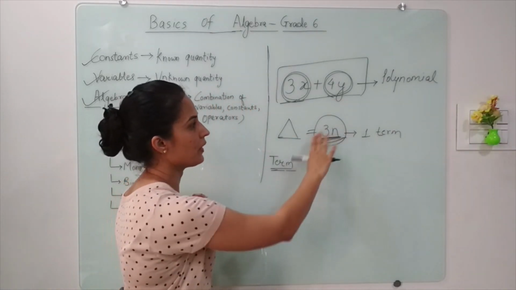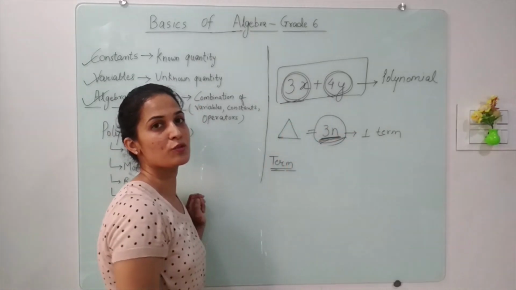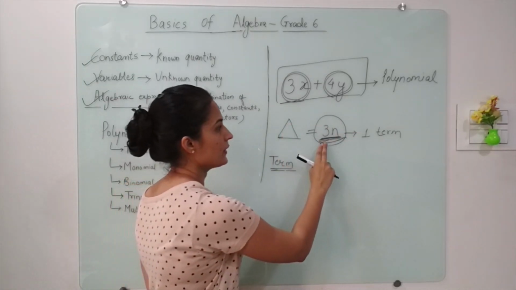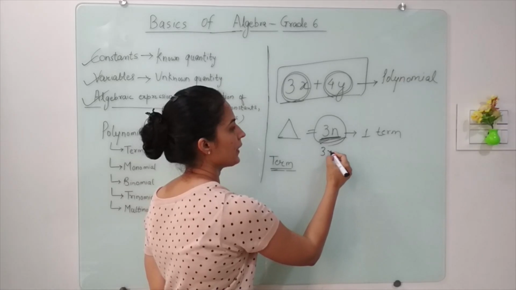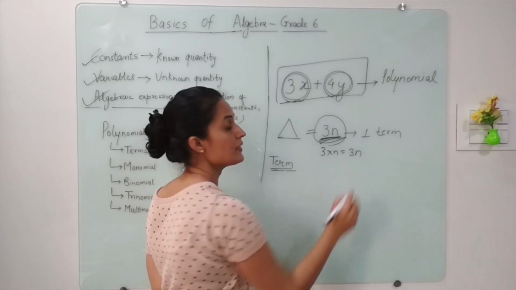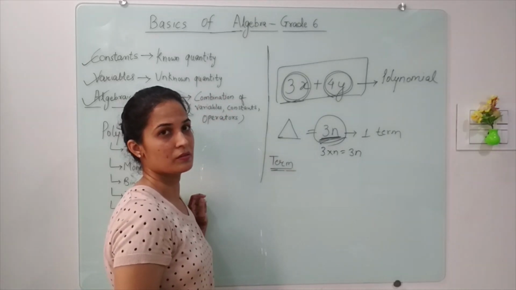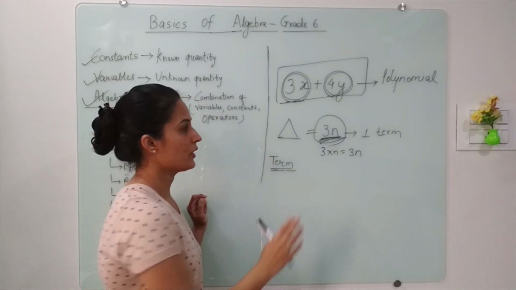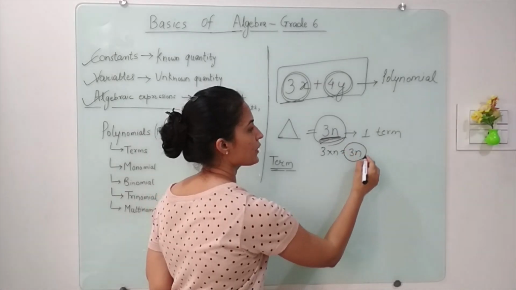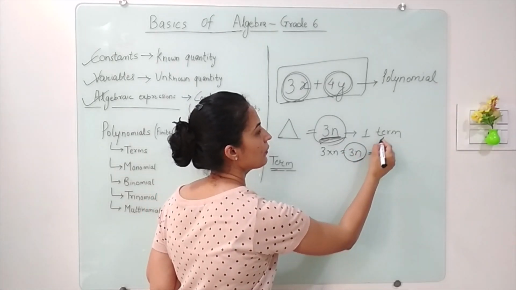I do not have any plus or minus in this expression. So, this is just a product, 3 multiplied by n, that I am indicating as 3n. It is not having any addition or subtraction, no separated terms. This particular algebraic expression is having only one term.